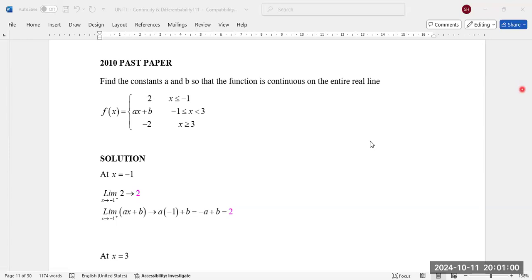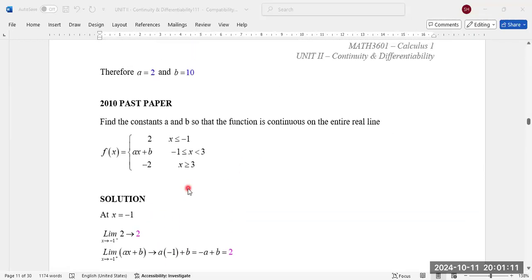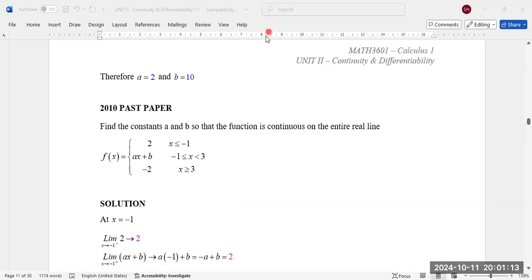Students, do me a favor over this weekend. I have come to a point in the continuity and differentiability where, come next class, I'm going to start differentiation from first principles.